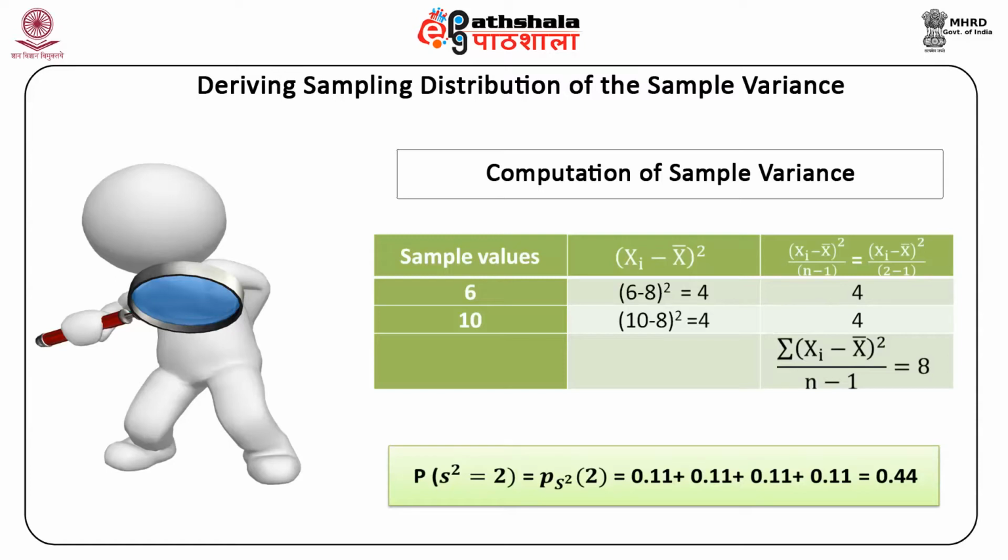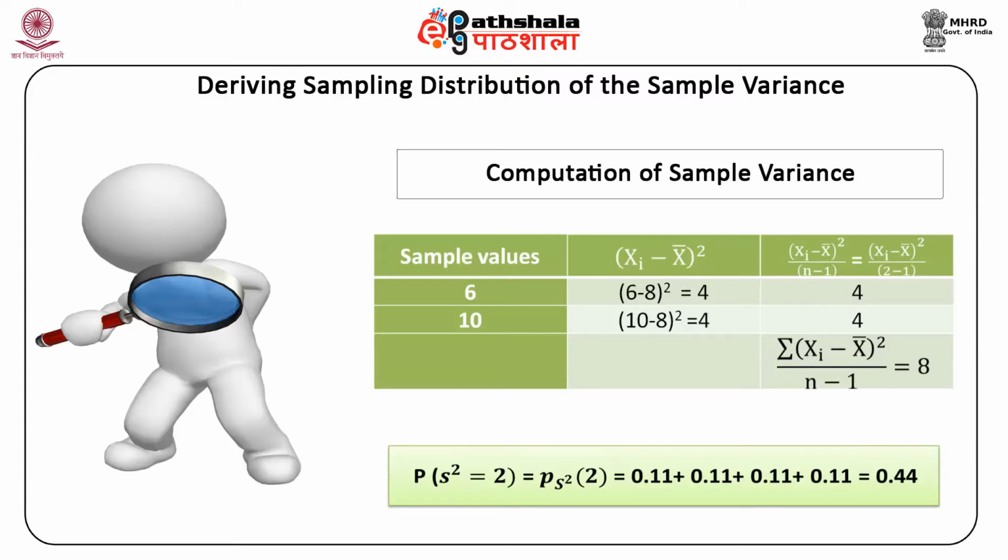Now, in order to obtain the sampling distribution of the sample variance, we consider all possible values of the estimated sample variance s square, which are 0, 2, and 8, and compute their respective probabilities. For example, out of the total 9 samples drawn, 4 samples have variance equal to 2, that is, s square equal to 2 occurs 4 times.